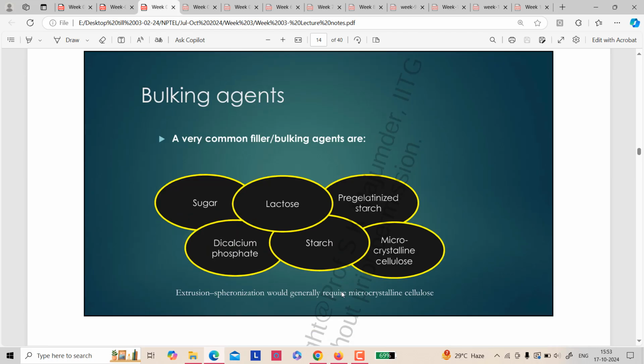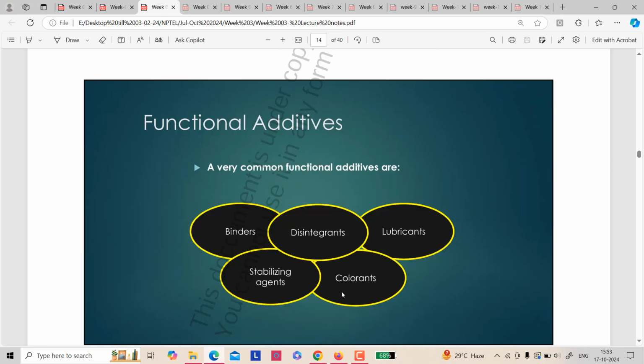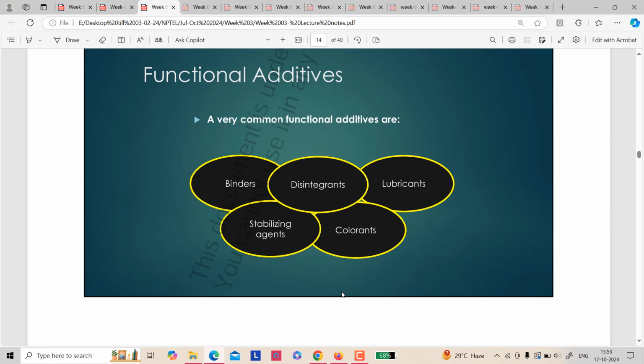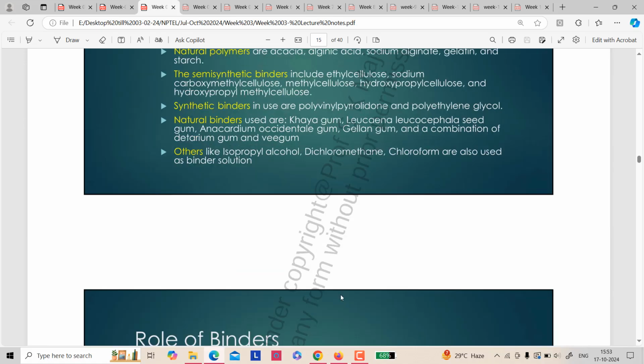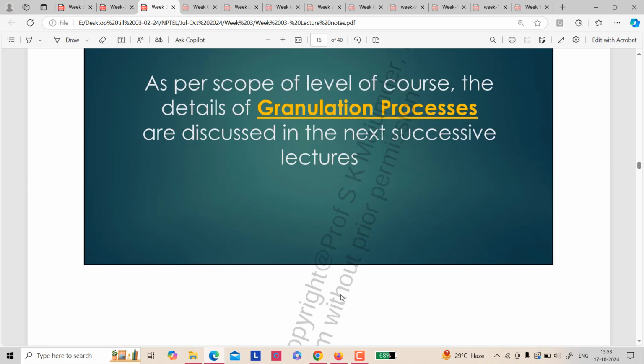What are the bulking agents? That is sugar, lactose, dicalcium phosphate, starch, pre-gelatinized starch, and microcrystalline cellulose. And now you can add functional additives like binders, disintegrants, lubricants, stabilizing agents, etc. Okay, so these are the different types of processes explained here.